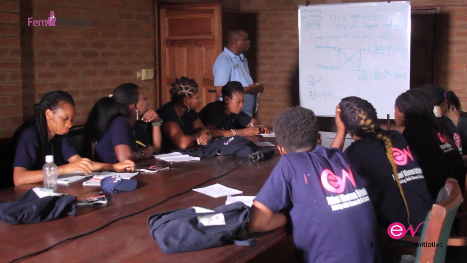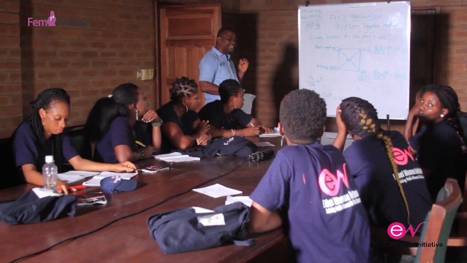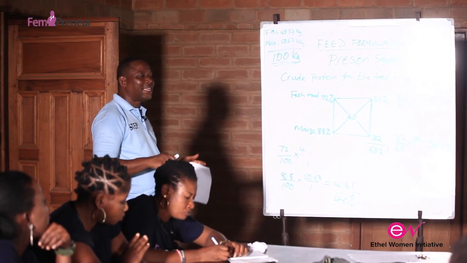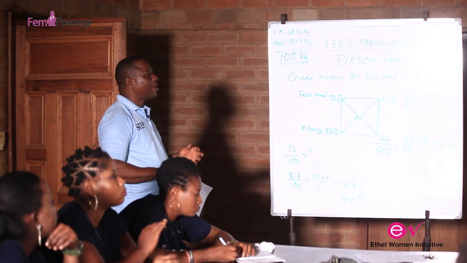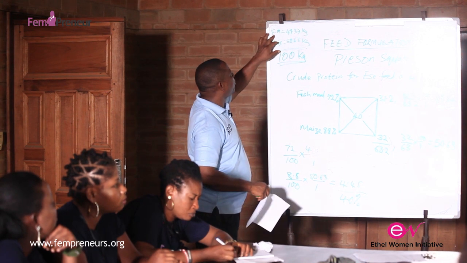And you remember I told you that the basis for every feed formulation, you take 100 kg at a time, which means you measure 100 kg at a time. So out of the 100 kg, we are going to measure fish meal.